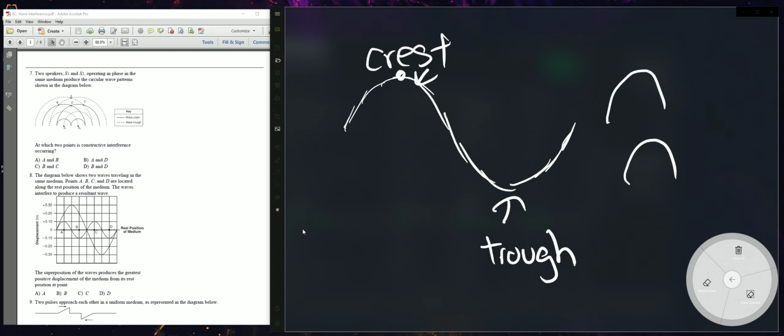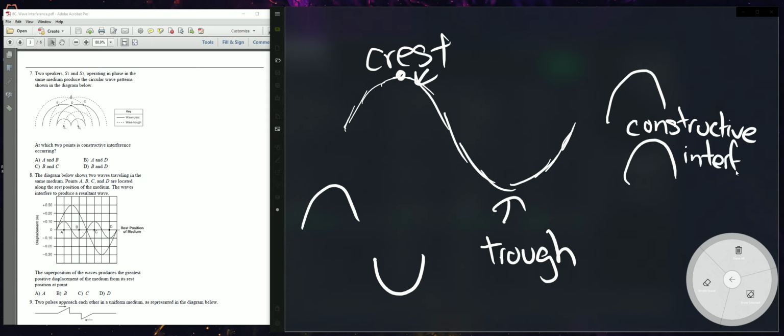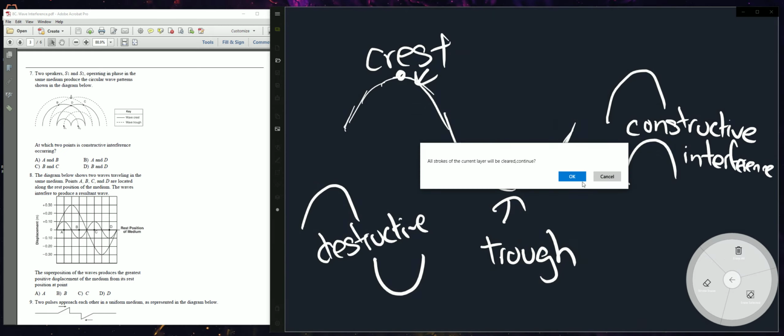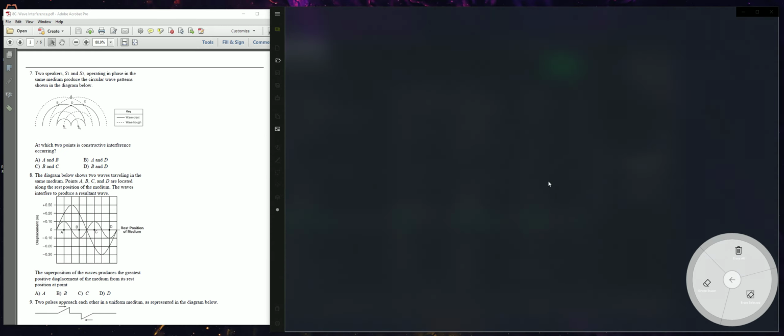And what happens when you combine crest and trough? Crest and crest should constructively interfere. And if you combine crest and trough, you're going to get destructive interference. So the question wants, at which 2 points is constructive interference occurring? You can answer these 2 questions based on the hints I gave you.